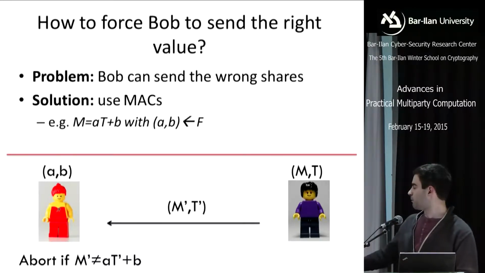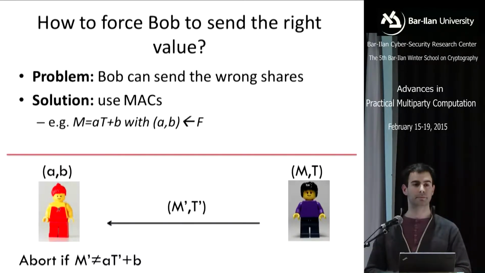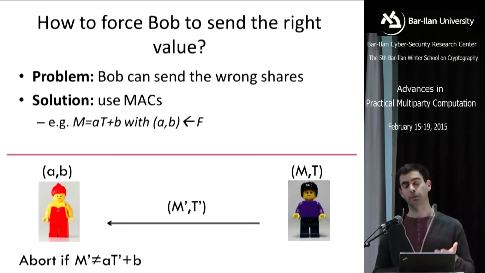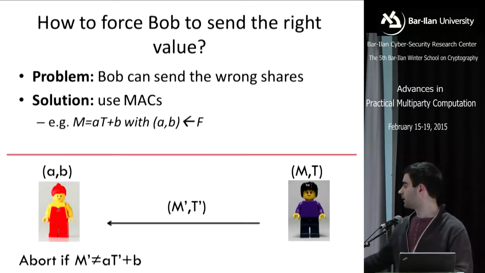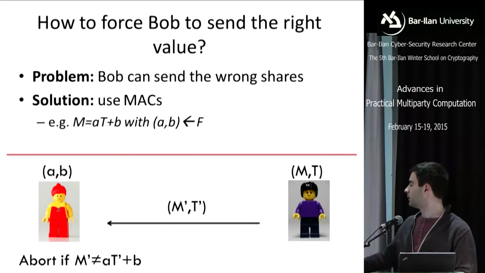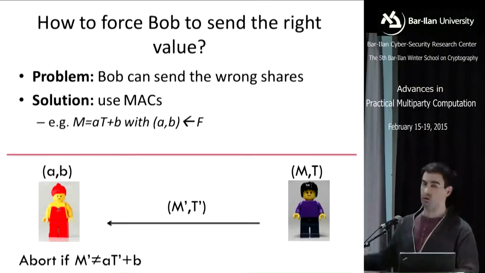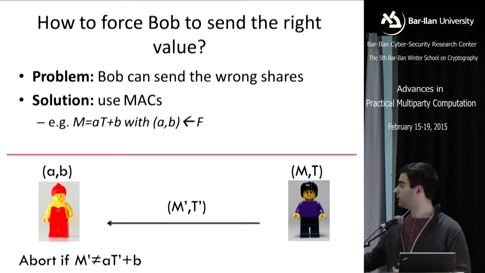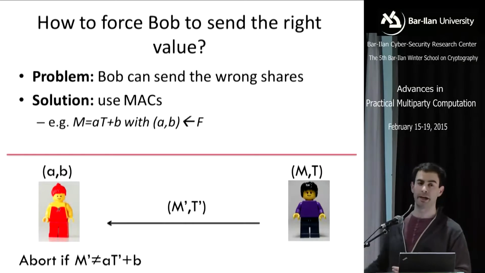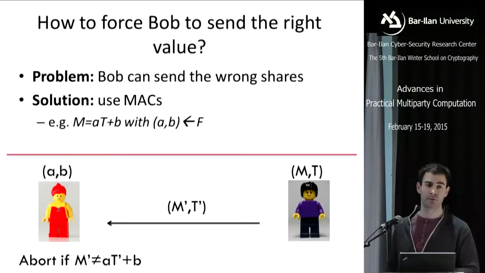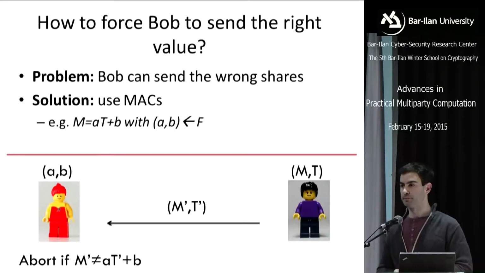It's easy to see that if Bob can send a MAC that makes Alice output the wrong value, that means that he has 2 MACs for 2 different values T, which means that you can just solve a system of 2 equations and recover A and B. But if the field is big enough, this is never going to happen.